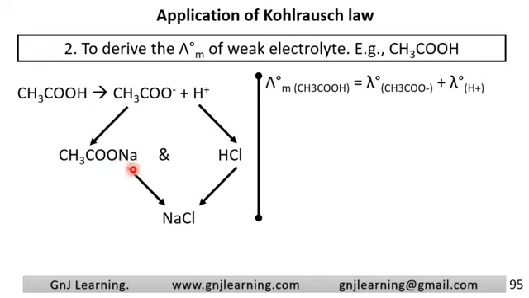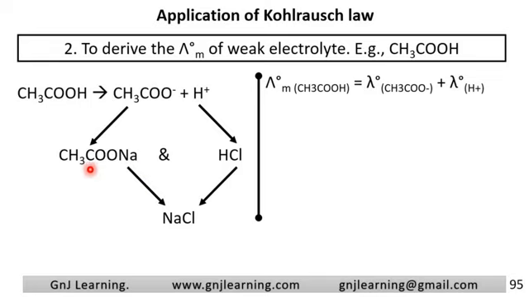One is sodium acetate, the other one is HCl, and the other one is NaCl. What is the peculiarity of sodium acetate? Sodium acetate has an ion common to acetic acid. HCl has a common ion to acetic acid, whereas NaCl has ions common to those two strong electrolytes but doesn't have the ions of acetic acid.